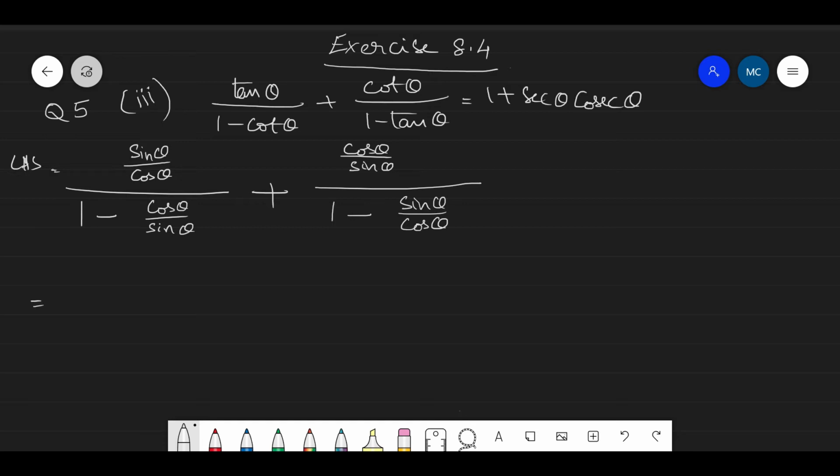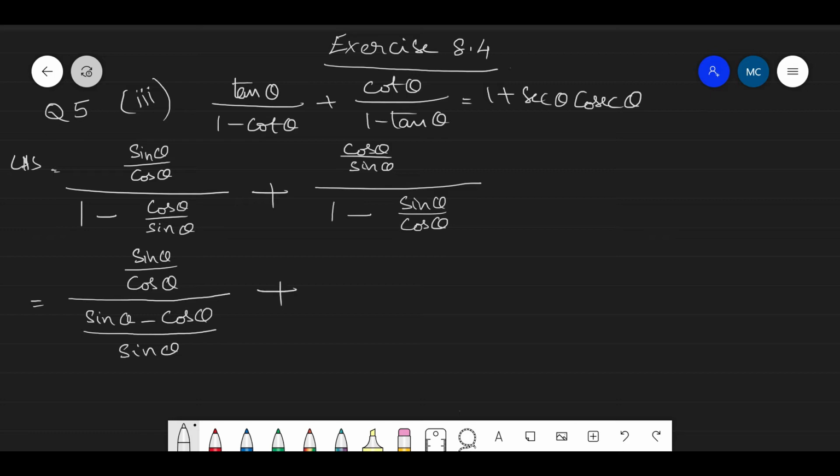Now we are going to take LCM only for the denominator. Numerator don't disturb. We'll write it as sin theta by cos theta only here, and here it will become sin theta minus cos theta by sin theta. So LCM for the denominator is sin theta, so we wrote like this.